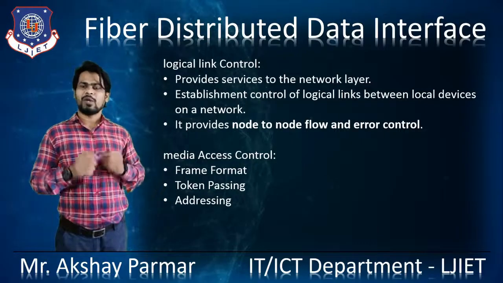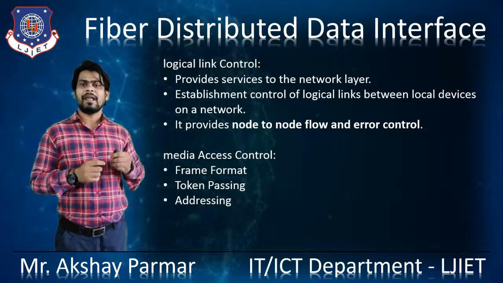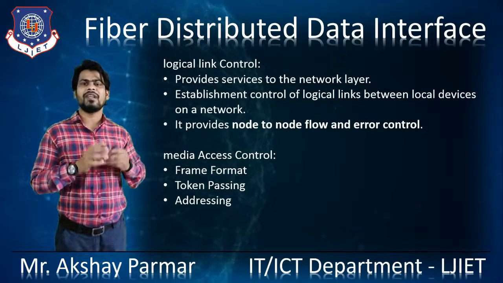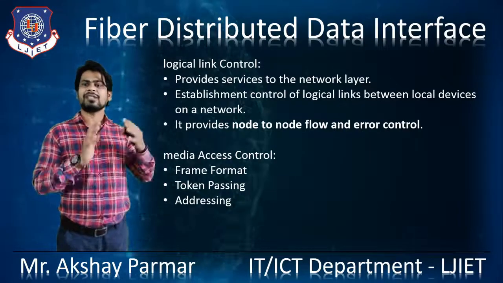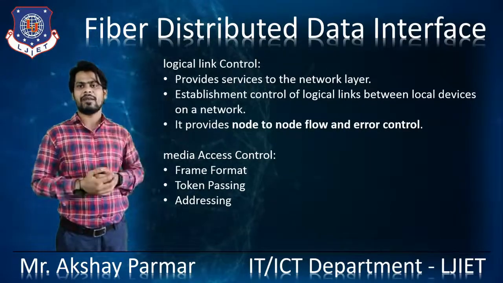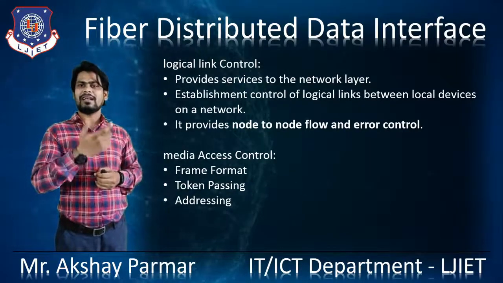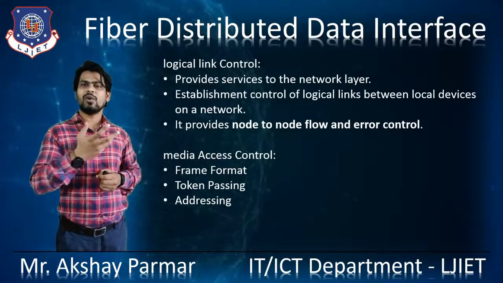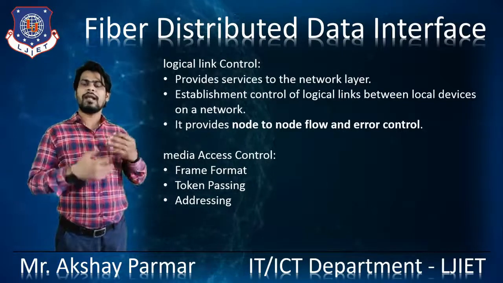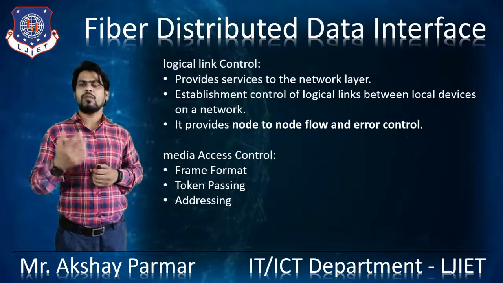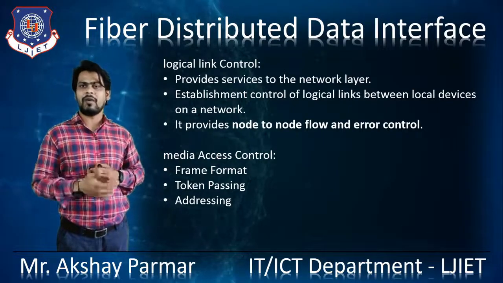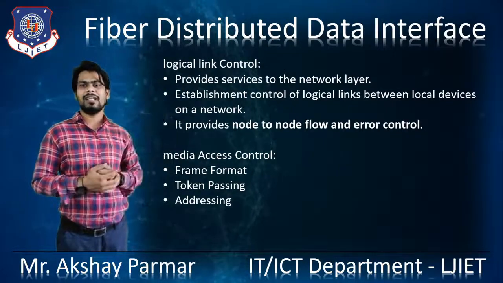It establishes control of the logical link between logical devices on the network. The logical link control provides node-to-node flow and error control, so flow and error control are performed under the logical link control.